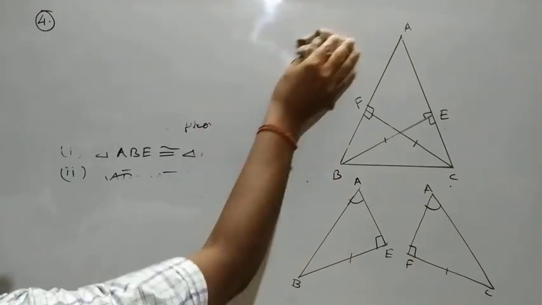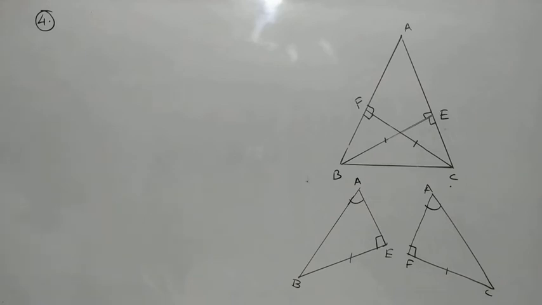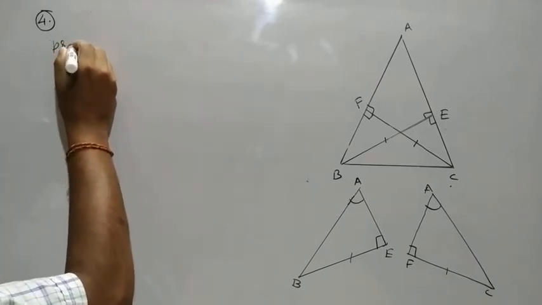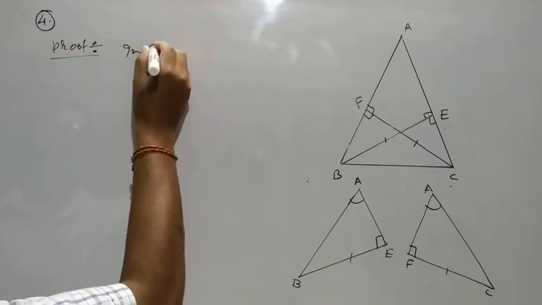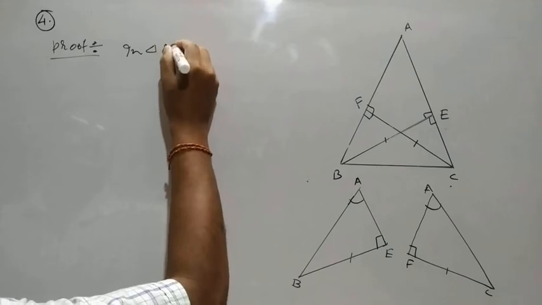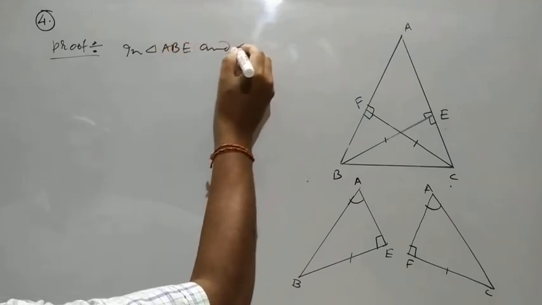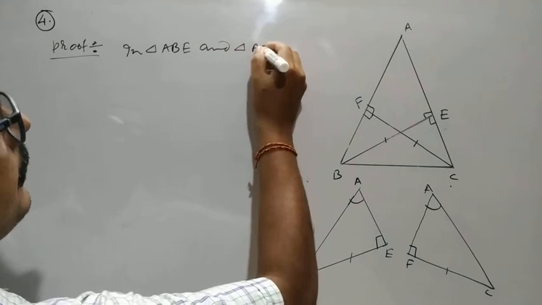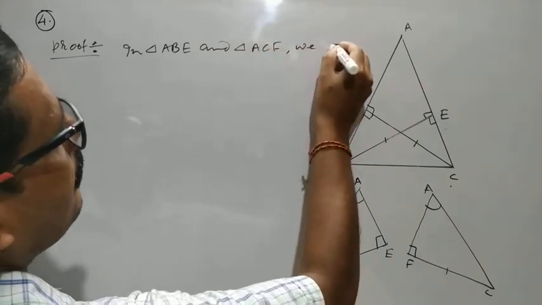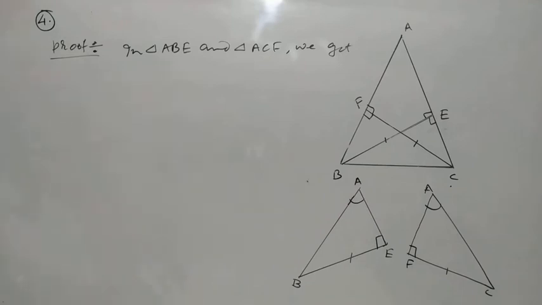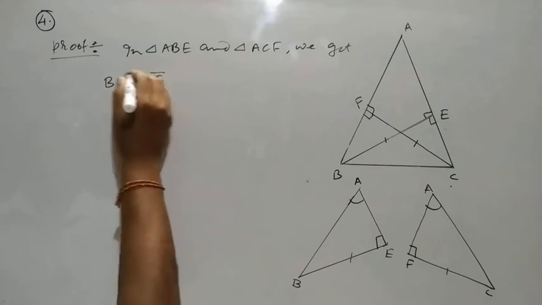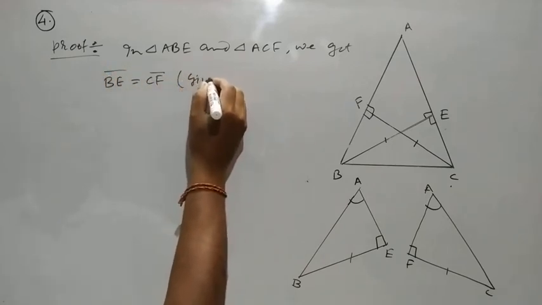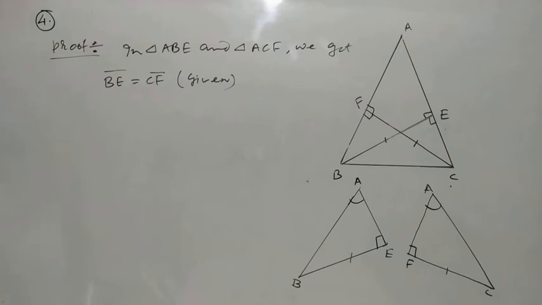So let us see the proof, how to prove it. Proof. In triangle ABE and triangle ACF, we get BE equal to CF, given.